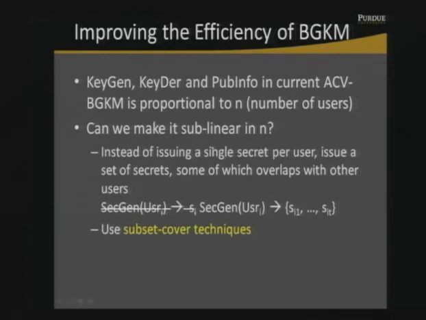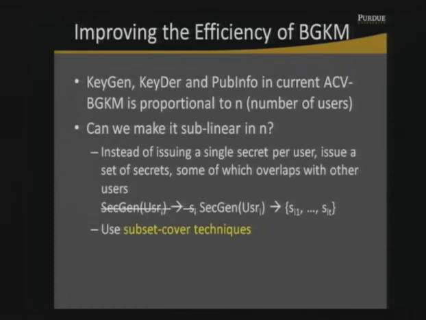If you notice, for each identity attribute, I gave a single secret to each user. Instead of giving one secret, we give a set of secrets for each identity. These secrets are given in a way that there are some overlaps, so there are secrets that multiple users share.